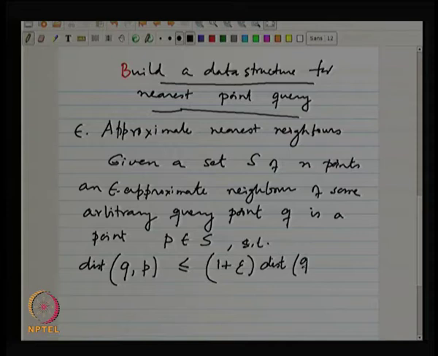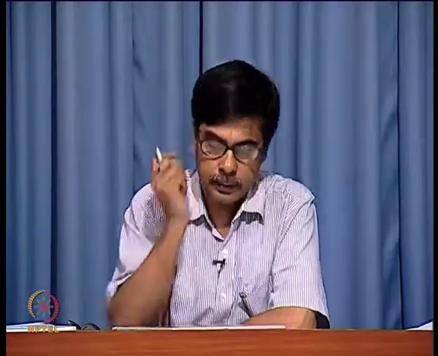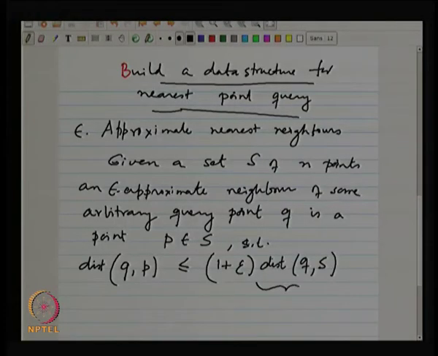If I can use this notation, do you understand this notation? This will be basically the minimum distance between Q and the set S. The distance between a point and a set S, I may be using this later on.